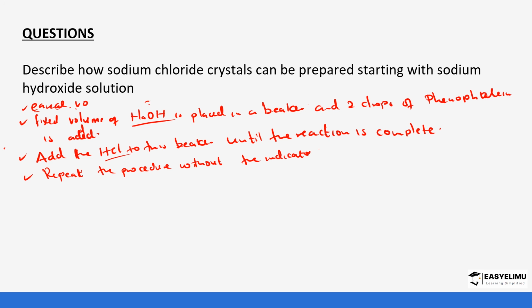Let's say you started with 20 centimeters cubed of sodium hydroxide, and then when the reaction went on, you realize you only require 15 centimeters cubed. I'm not saying this is exact, it's an approximation. So it tells you that you only need 20 and 15 for the reaction to be complete. So what you do, you repeat the procedure by taking 20 centimeters cubed of sodium hydroxide and adding 15 centimeters cubed of HCl, and you are sure that the reaction is going to be complete.